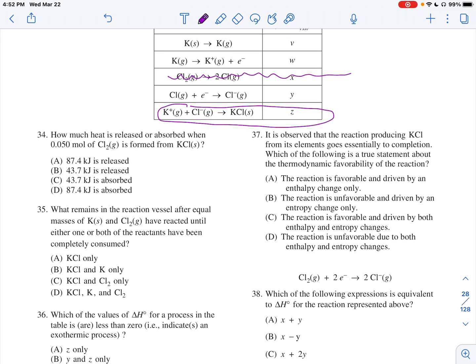Y is taking Cl and adding an electron to make Cl minus. There's a couple different ways to think about this. Remember in first year chem, which I really don't expect a lot of you to remember, we said, why do elements bond?